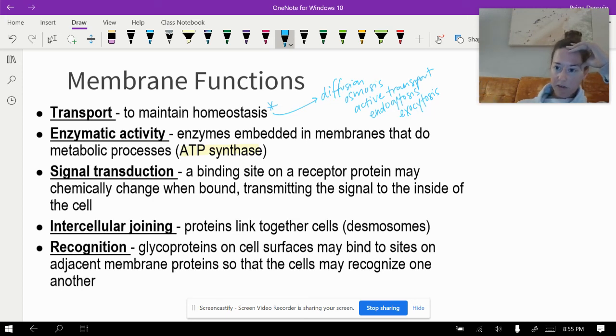Also, membranes are responsible for linking together proteins. The structure is called a desmosome, one of the structures, but it just allows cells to adhere to one another really tightly. This is really important for things like your skin. It's obviously crucial, to create that protective barrier, the first line of defense of your body, that the cells are really, really tightly bound.